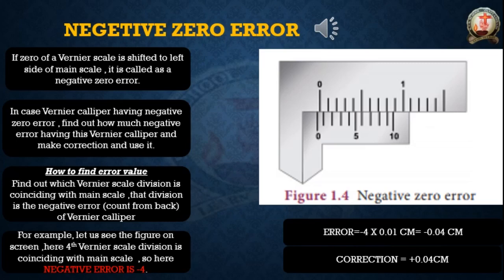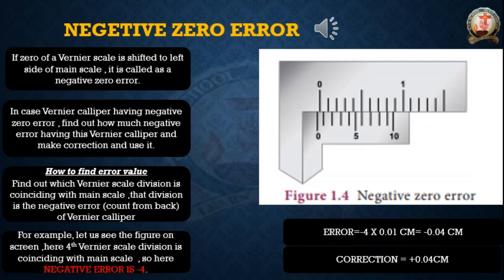So please see the example I have mentioned here. Please see the fourth box. For example, let us see the figure on screen. Here the fourth vernier scale division is coinciding with the main scale. Particularly you should observe the vernier scale.